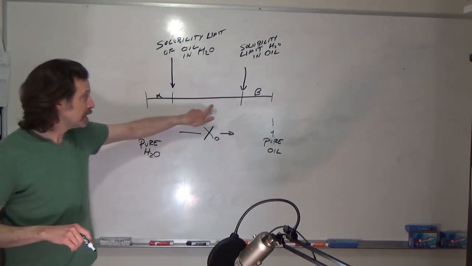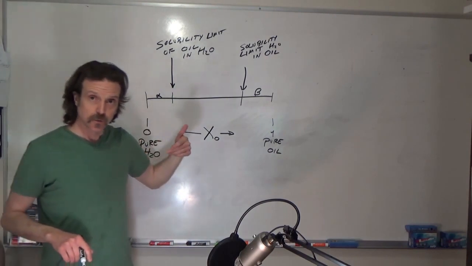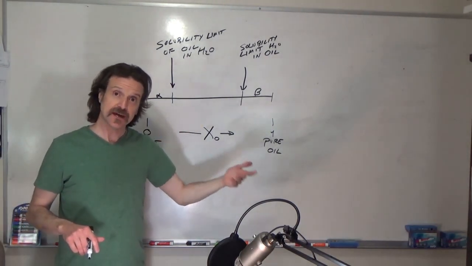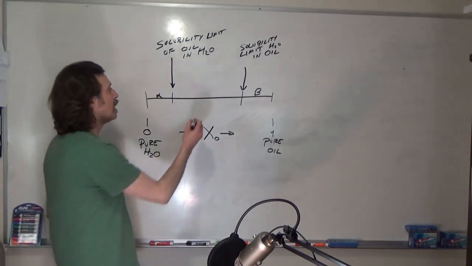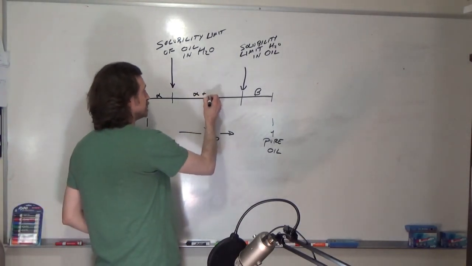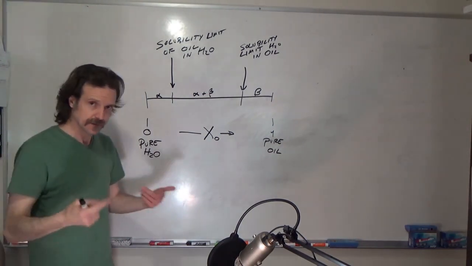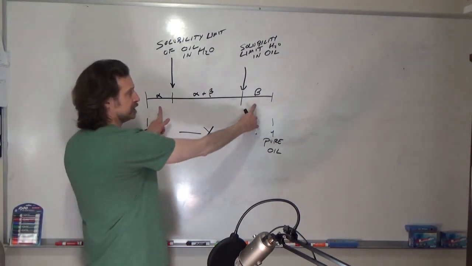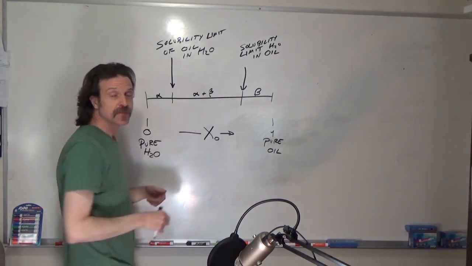So in this region, between the solubility limits, we're going to have a two-phase mixture. And the phases present are alpha plus beta. And the reason we know that is, well, because they're sandwiched between the alpha and the beta phases.